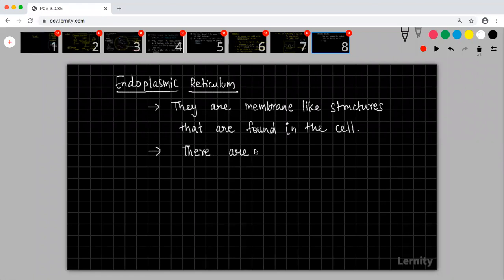There are two types of endoplasmic reticulum. One is called the rough endoplasmic reticulum.